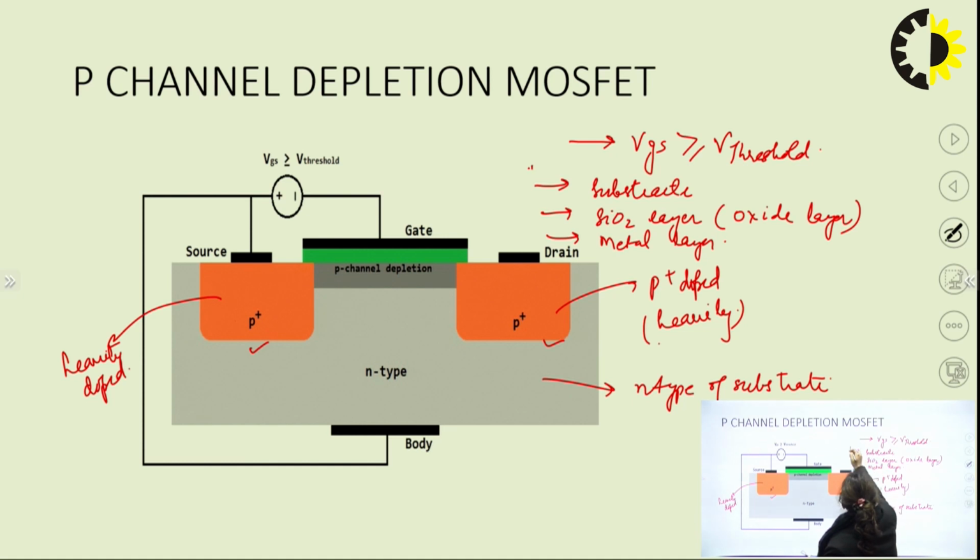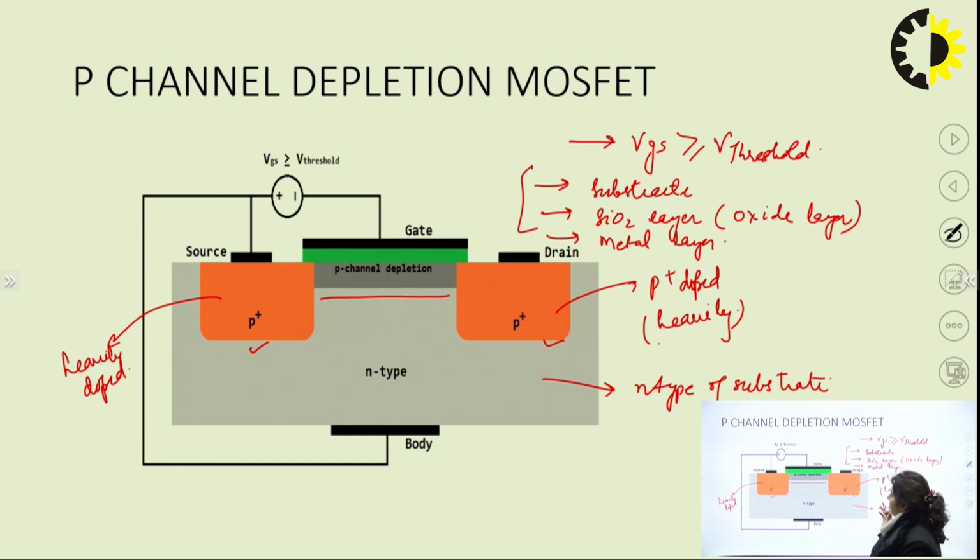These three prerequisites are important for the construction of the MOSFET. So we have an N type substrate, a P plus type heavily doped source, and a P plus type heavily doped drain. In between the source and the drain we have a channel, which is already constructed. So the P channel is already constructed between the source and the drain.